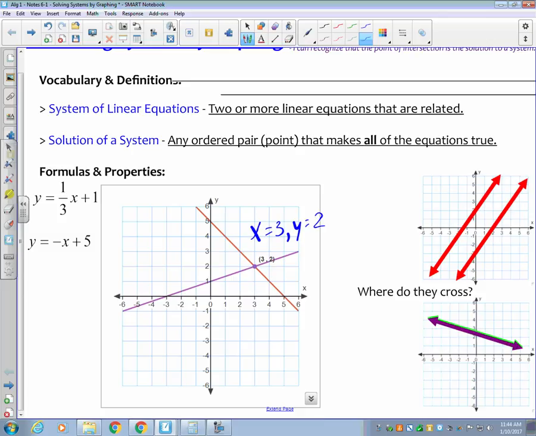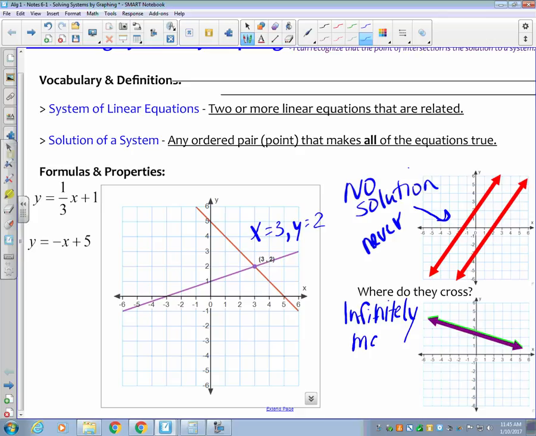So when we're looking at parallel lines, there is no solution. There is no place where these parallel lines cross. They never cross. Never. Not ever. And then when we're overlapping, there are infinitely many solutions.